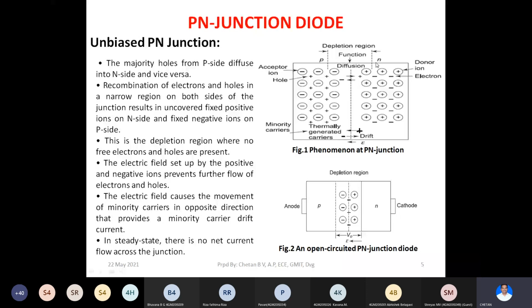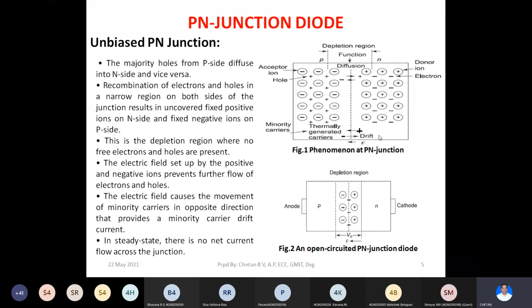Whenever this movement takes place, the first thing that happens is a recombination of electrons and holes. At the vicinity of this junction, recombination of electrons with some of the holes takes place here, and recombination of holes with some of the electrons takes place here. Afterwards, the atoms which are present here will become negative ions by accumulating excess electrons, and the atoms present here become positive ions by losing electrons, that is, by addition of holes.